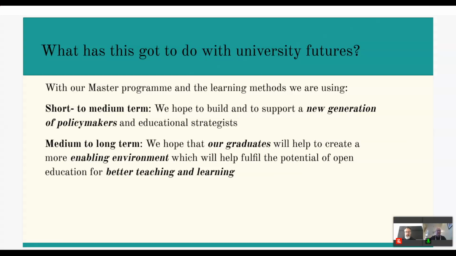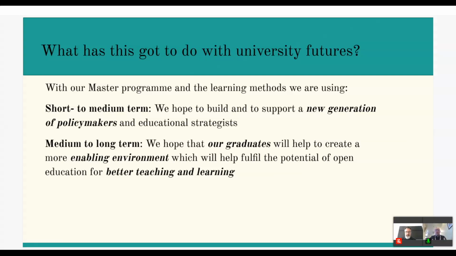And so what we're trying to do, I've already kind of alluded to it. We're trying to do two things. In the short to medium term, we're trying to build up and support a new generation of policymakers, people who support strategy and policy on all levels, and therefore help to change the framework conditions.